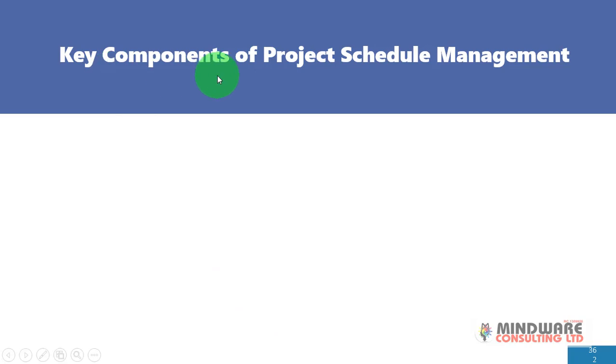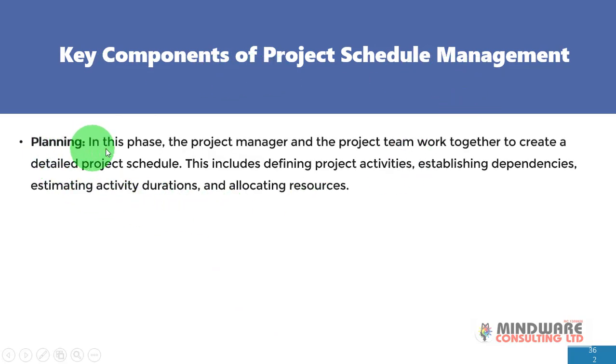So what are the key components of project schedule management? First one is planning. In this phase, the project manager and the project team work together to create a detailed project schedule. This includes defining project activities, establishing dependencies, estimating activity durations, and allocating resources.